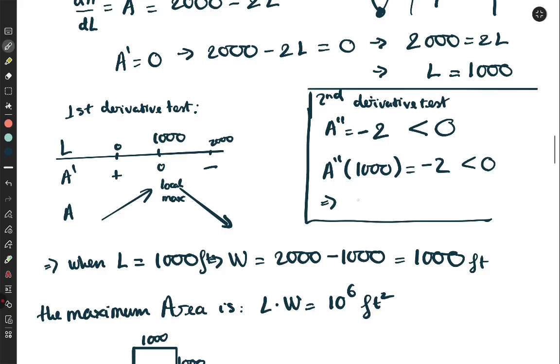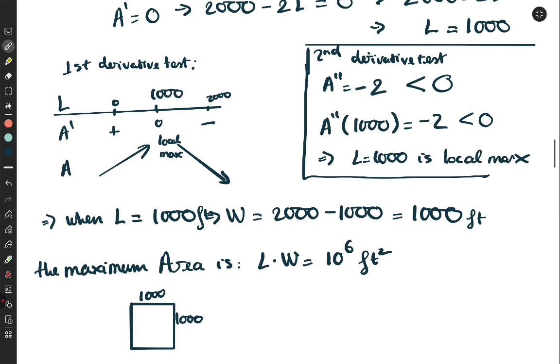Therefore, that's it. Second derivative test. The second derivative test is always superior to the first one. You don't need to find 0.